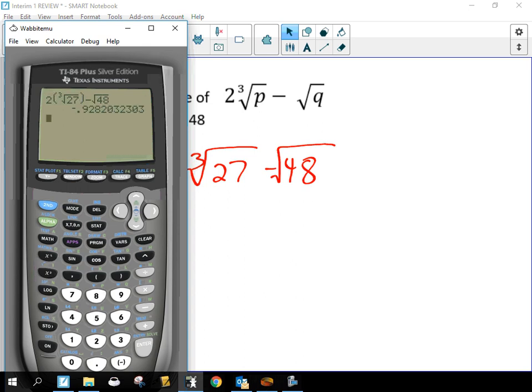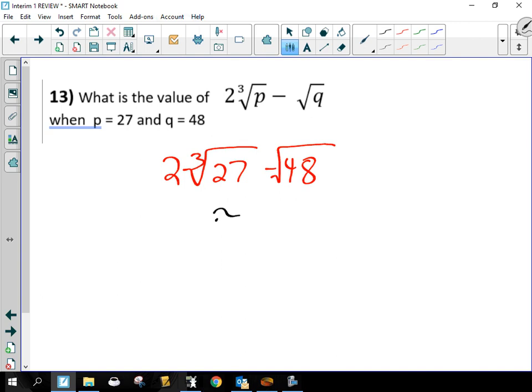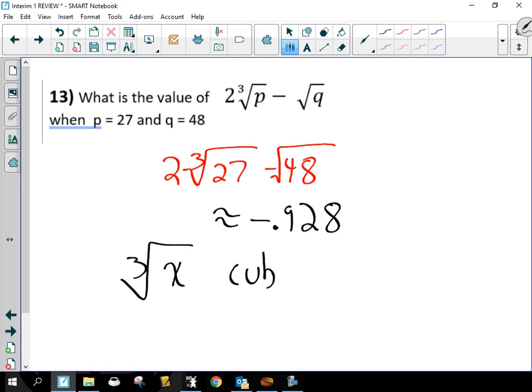And we will get approximately negative 0.928. In the absence of instructions, let's go to 3 decimal places. Now it also asks, what does this mean? And that is the cube root of x.